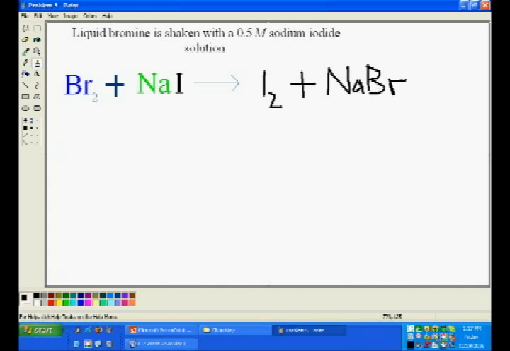Now, since everything's in a solution, you gotta worry about how everything comes in ionic form. So you have to dissociate everything. This is a ton of useless work.